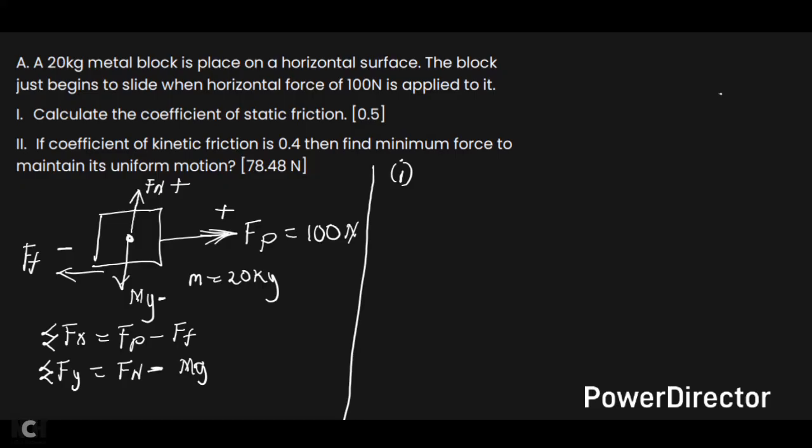So you take the summation of the x-axis, which is FP minus F friction, and this is 0. The applied force is 100. What's the formula for friction force? It's mu times the normal force. So 0 equals 100 minus mu times the normal force.